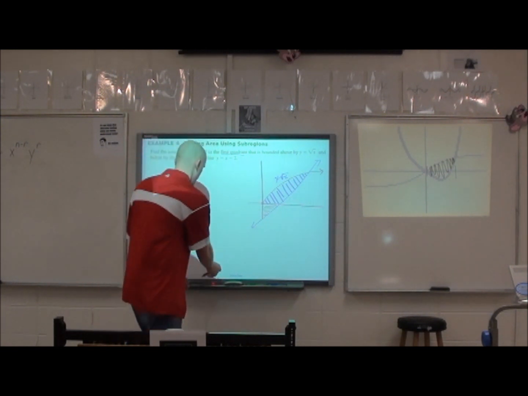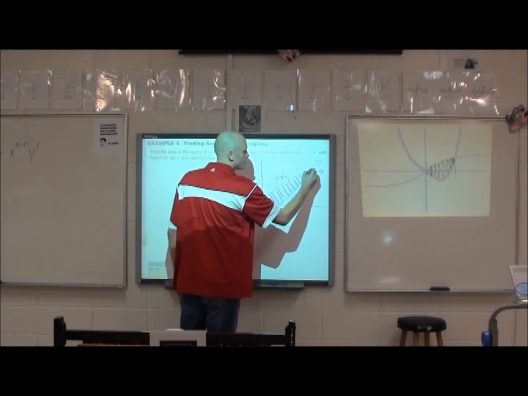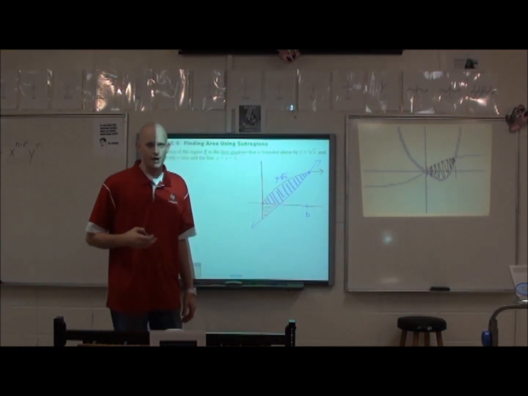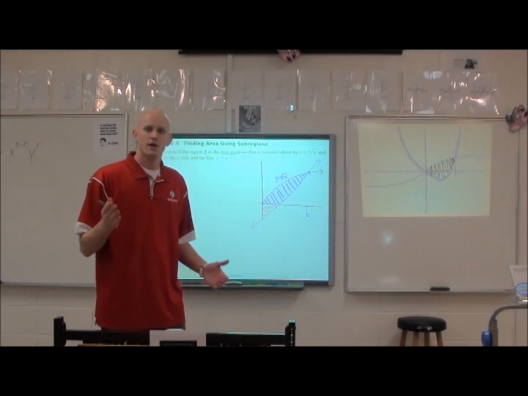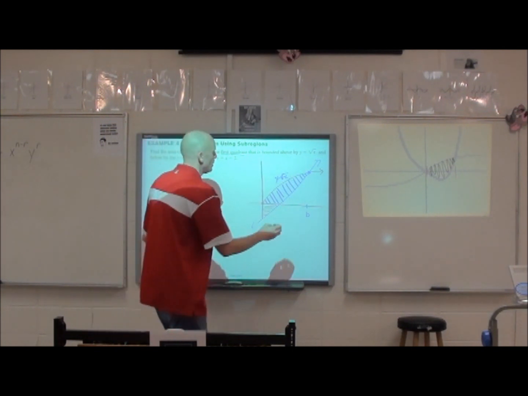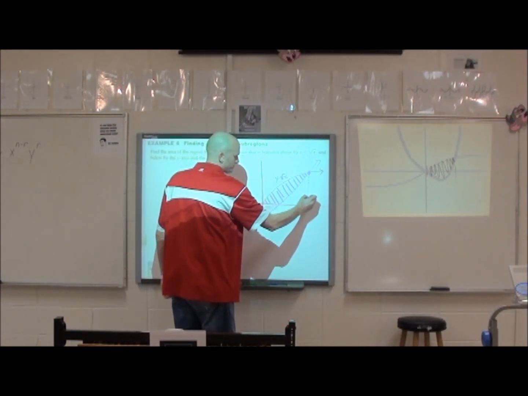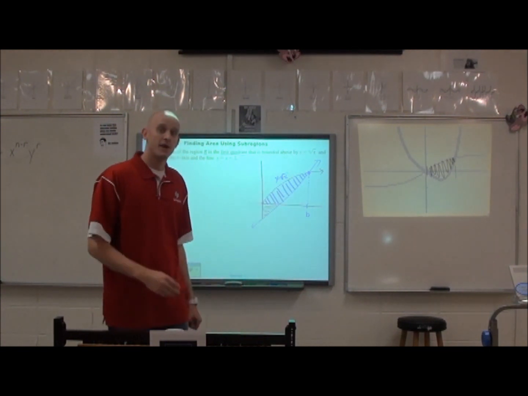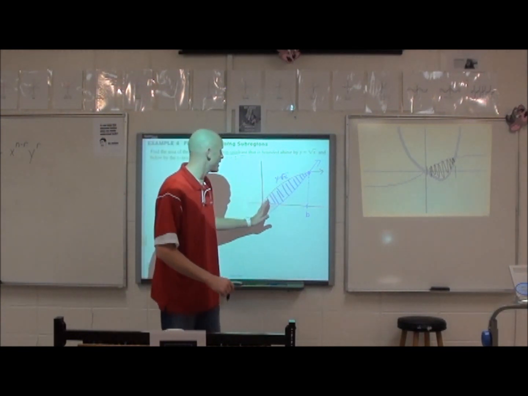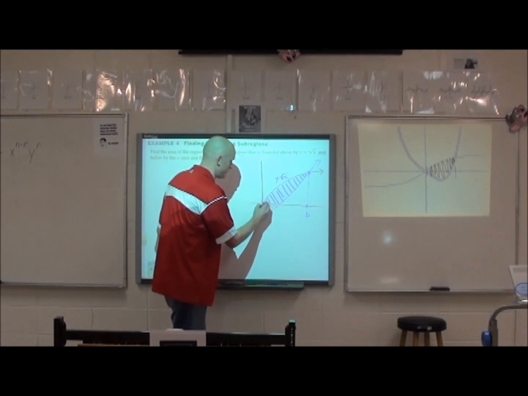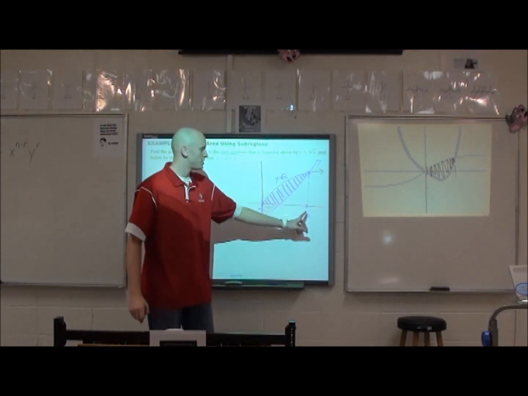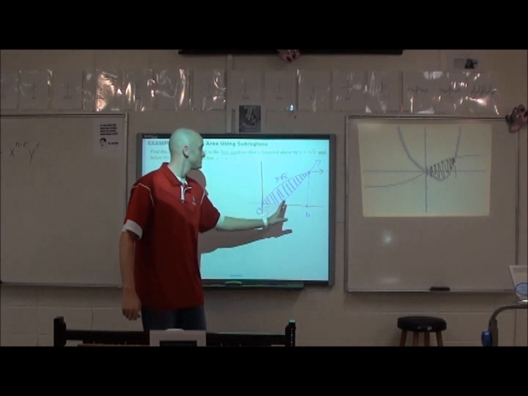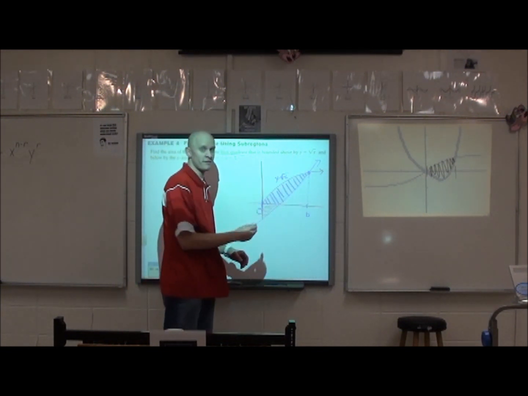Another way you could do it is we need to find this point because that will be our upper limit of integration. Once we find that, we'll be all set. So this value here is very important because what I can do is find the area from 0 to this value, b, and we can find that algebraically in just a second, from 0 to b under the square root of x.